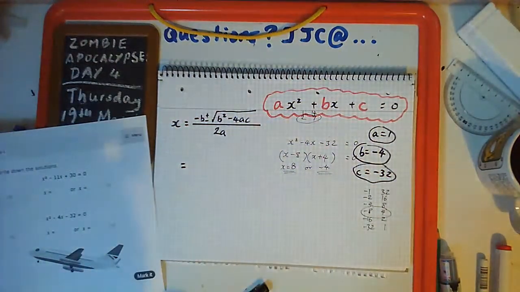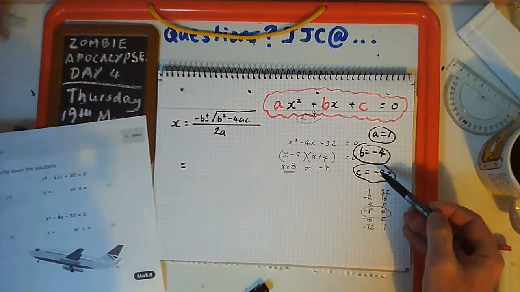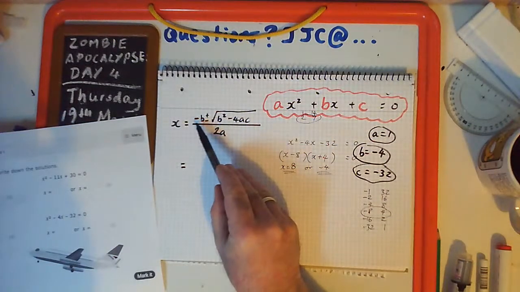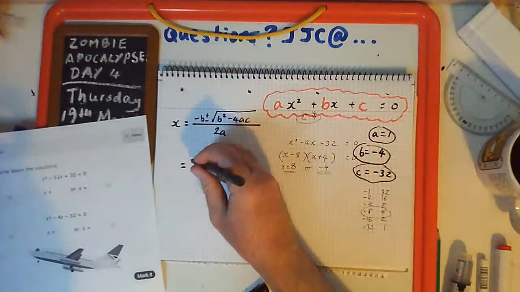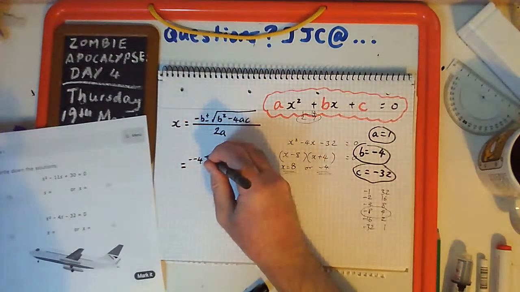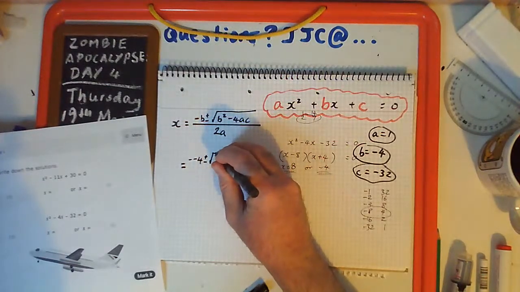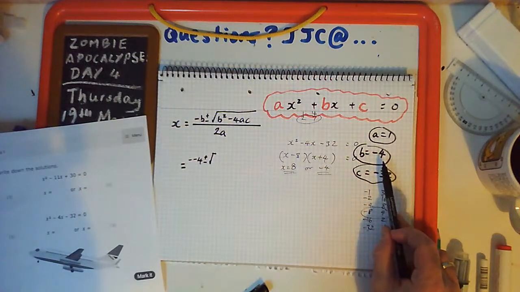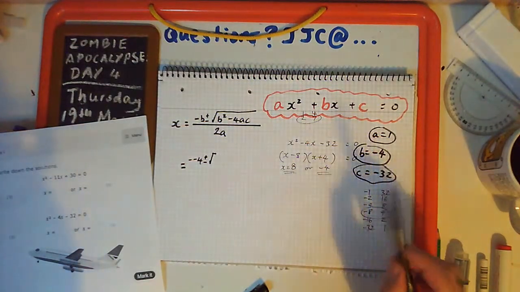Now, the formula is good, but people get tripped up on minuses because there's minuses in the numbers we're using and there's minuses in the formula. So I've got minus b. b is minus 4. So that's going to be minus minus 4. Yuck. Plus or minus square root b squared. So that's minus 4 squared. Minus times minus makes plus.